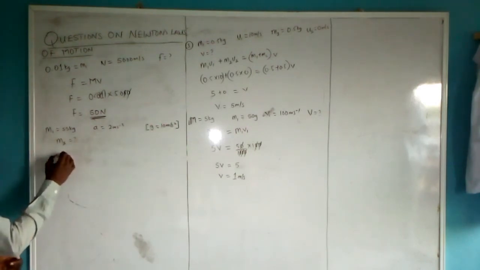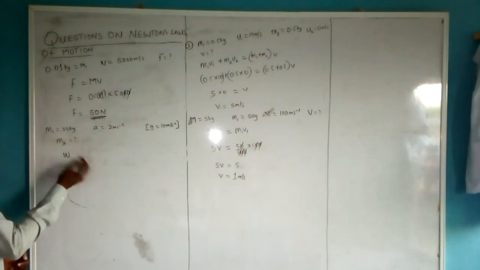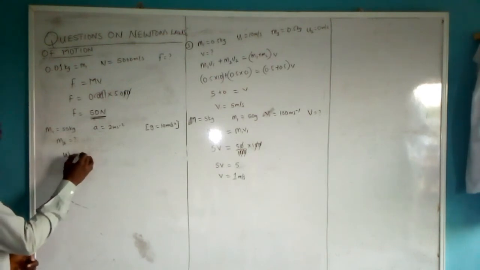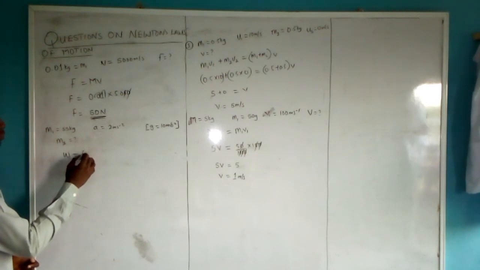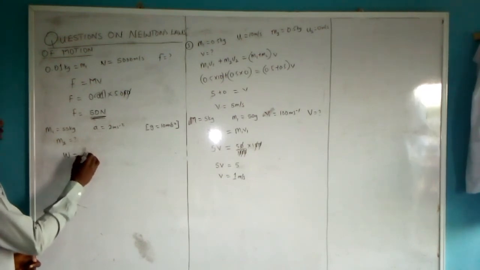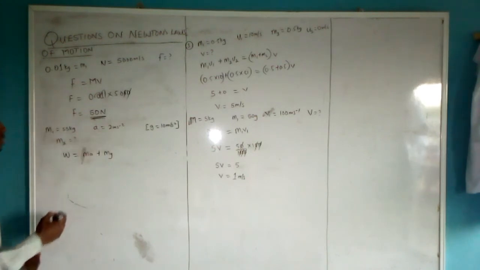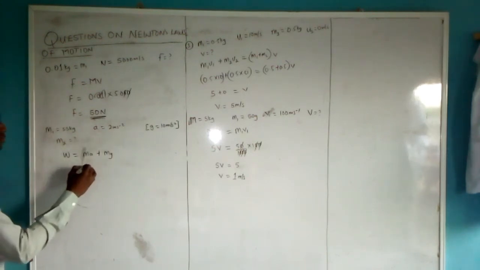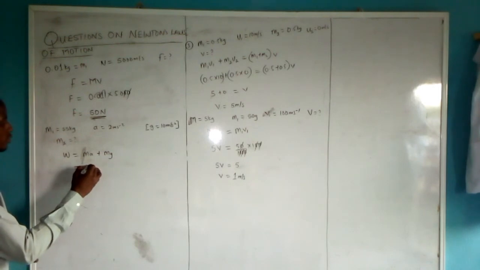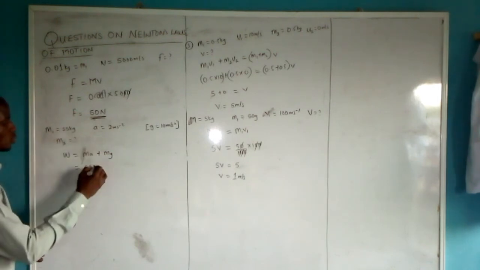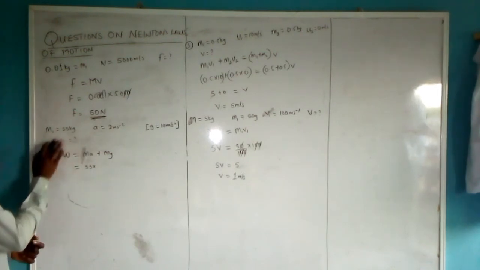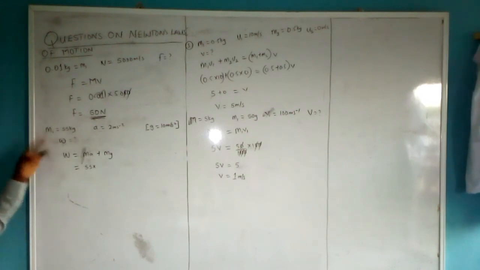In this case, we can use the formula: the weight of the girl, W, equals ma plus mg, so we add them. We are meant to look for W, not M2.